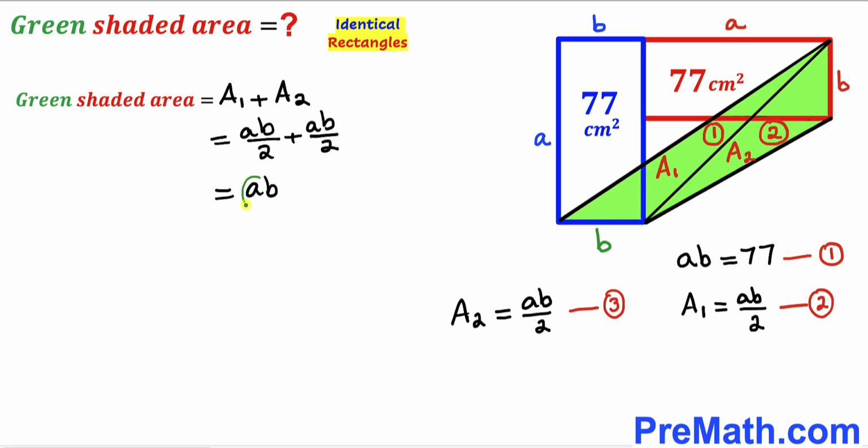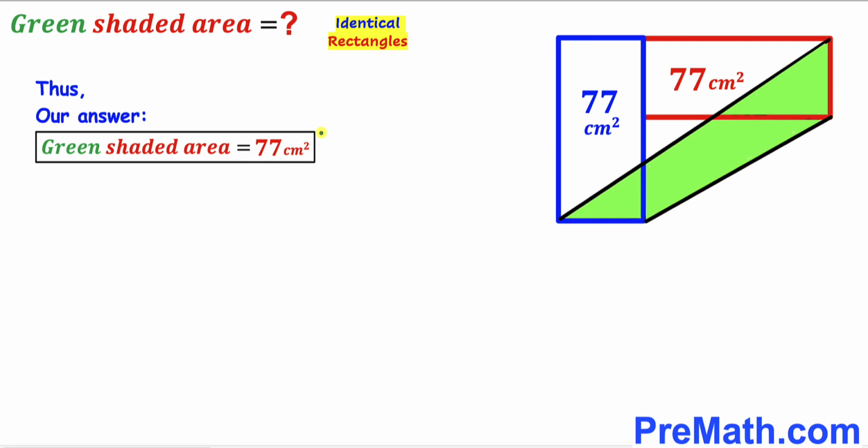So I'm going to substitute this a times b value with 77 over here. So our green shaded area is going to be equal to 77 centimeters square. So after all the calculations and manipulations, the area of this green shaded region turns out to be 77 centimeters square. And that's our final answer.